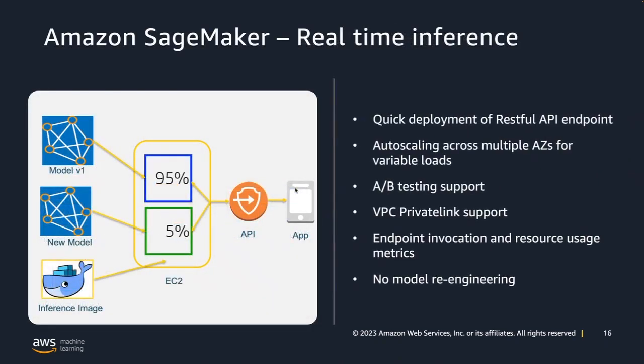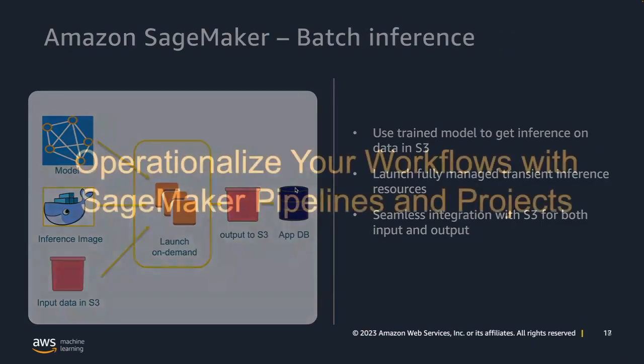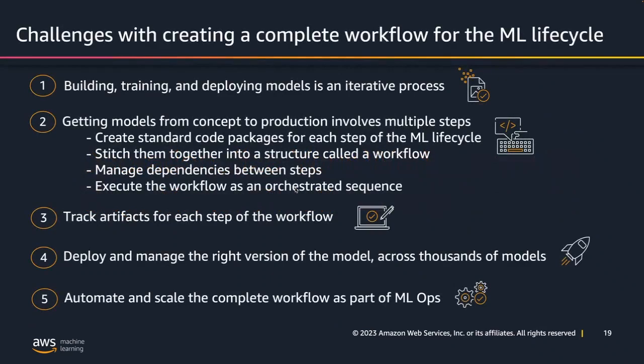any project is not complete until you've deployed to either a real-time endpoint or a batch transform. So SageMaker has both of these capabilities. Today we're going to use a real-time inference endpoint. Okay, so I've got a demo that I'm going to walk you through, but I wanted to bring in some overview information.